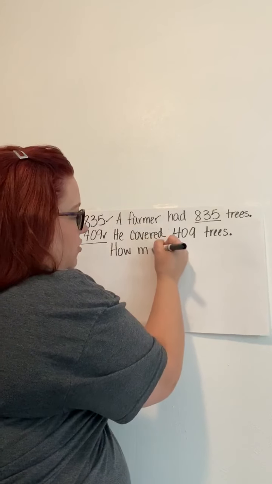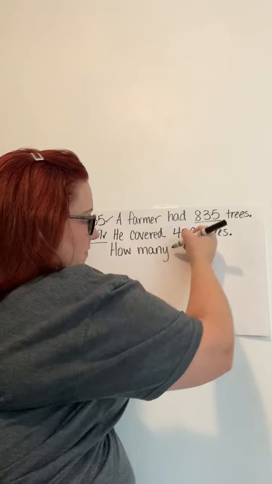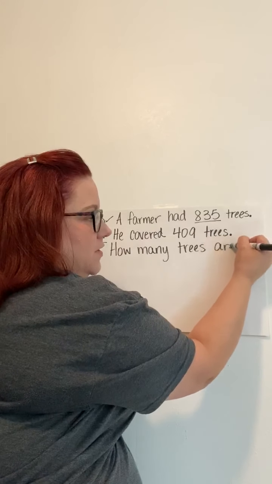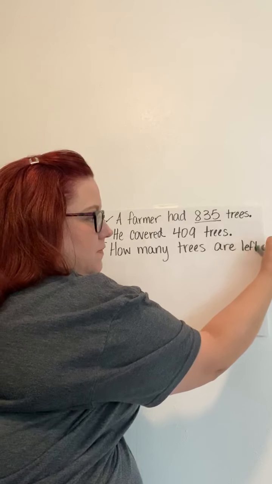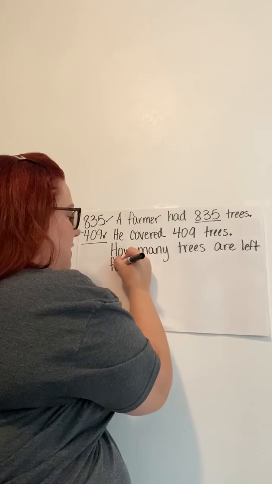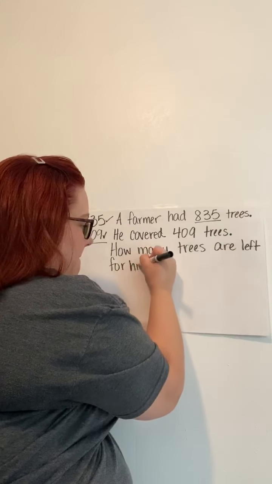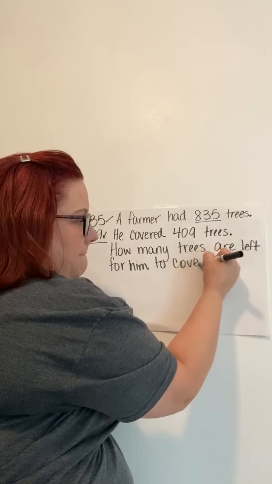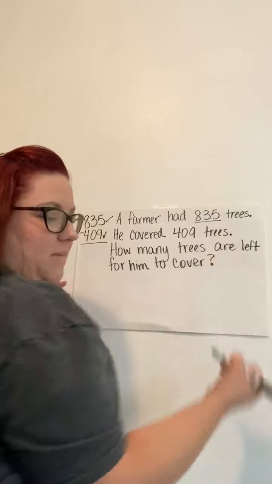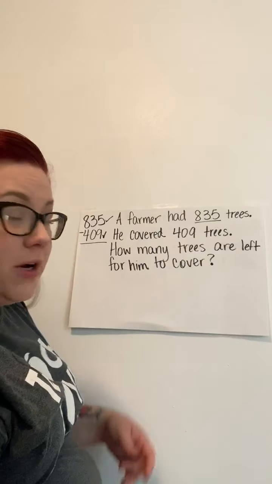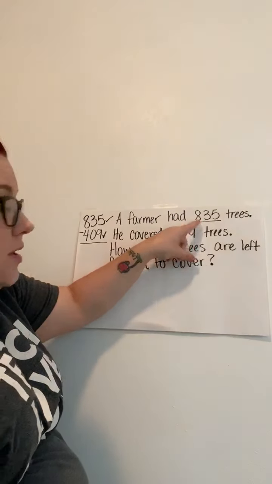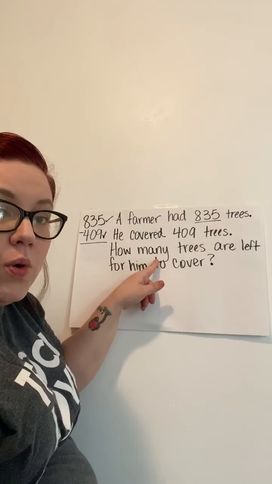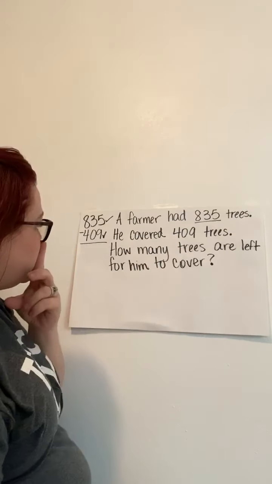So how many trees are left for him to cover? All right, so we've got our three parts. We've got the number that we're starting with. We've got how many we're taking away, and then our question, what do we want to know?